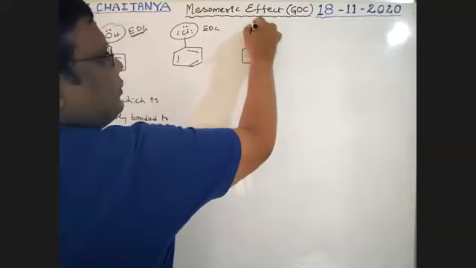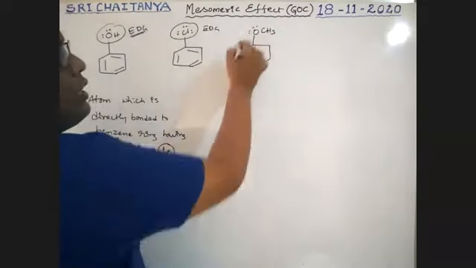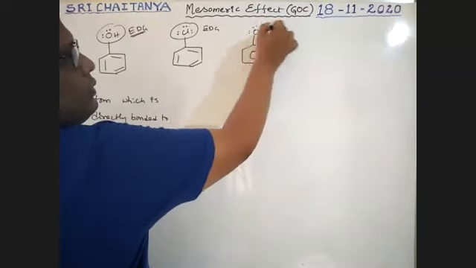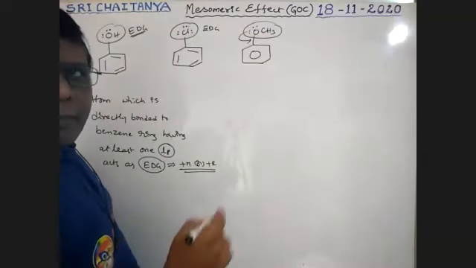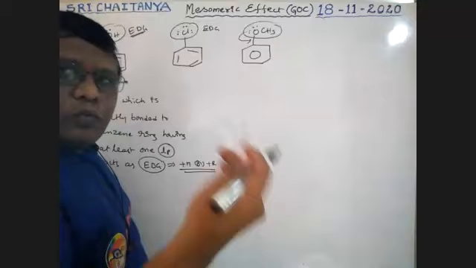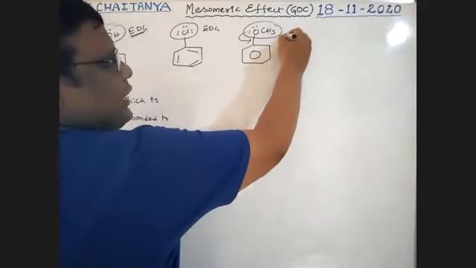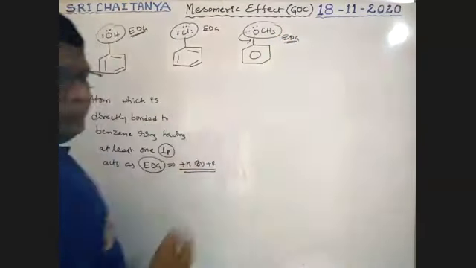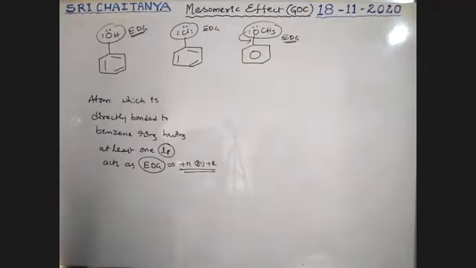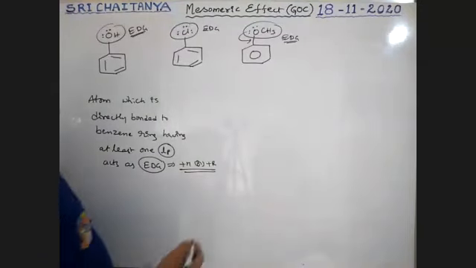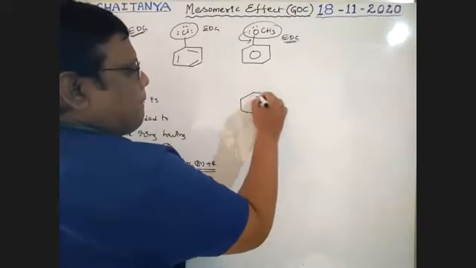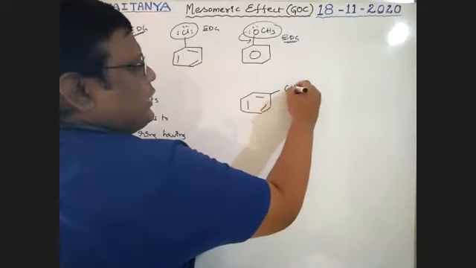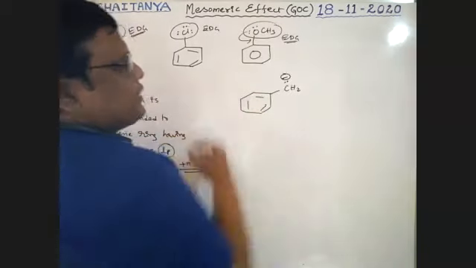OCH3. So here also oxygen. This OCH3 also donates electron pair to the benzene ring because it has lone pairs. Two lone pairs, one should be donated. So therefore, it is electron donating group. Okay. So any species, for example, benzene ring bonded to CH2 with minus charge.